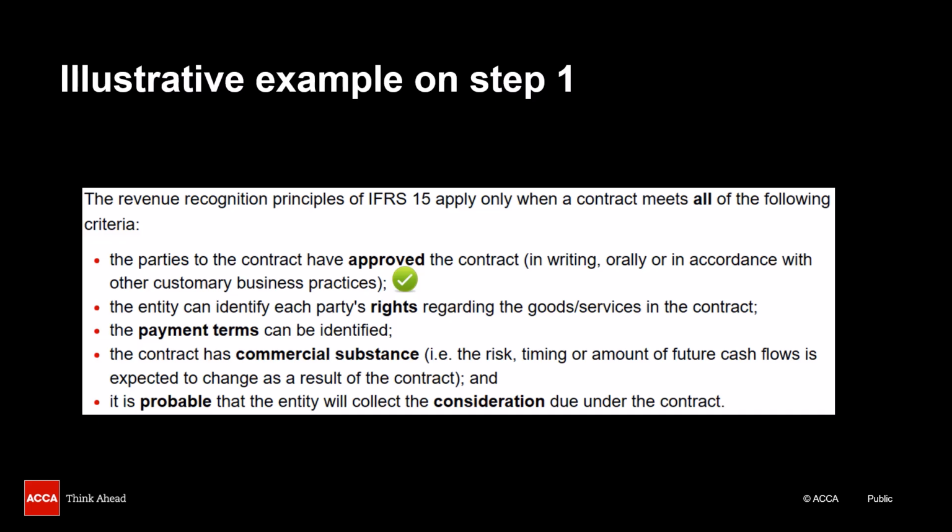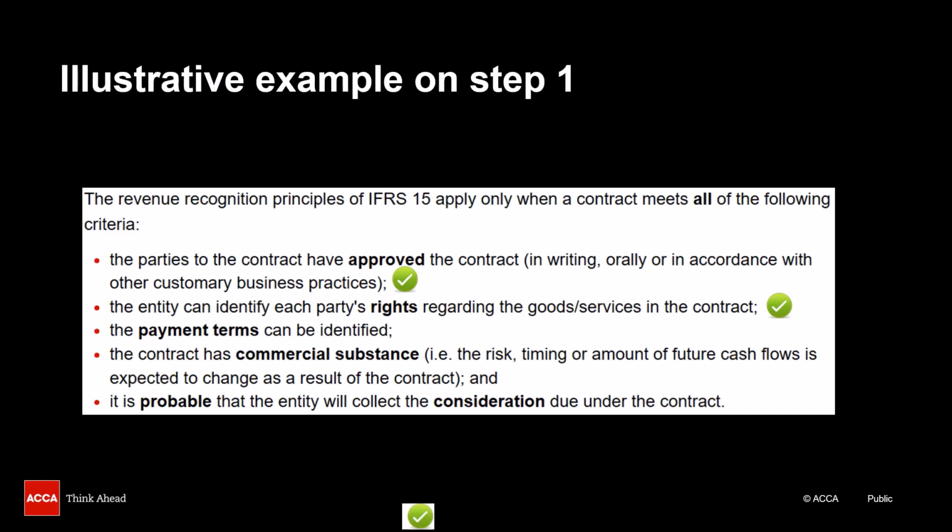Therefore, each party's rights can be identified. The payment term is cash on delivery for an amount of $100,000 on delivery date of the desks, which is stipulated and therefore is identified.